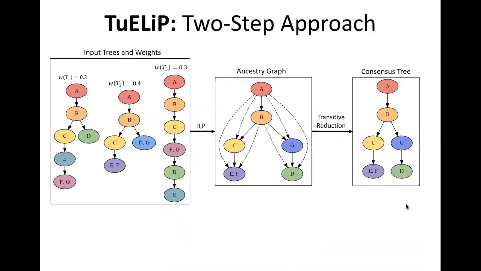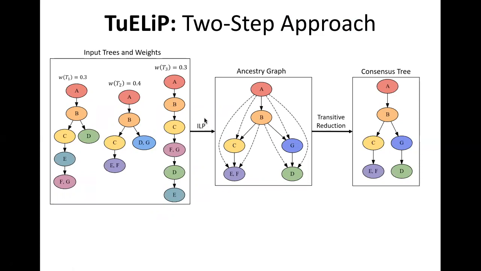The approach we used consists of 2 steps. First is an ILP, integer linear programming, step, which is a computational technique for solving optimization problems. Many different problems can be formulated as an ILP. We formulated our problem as an ILP and implemented it in Python to use a solver to solve it.